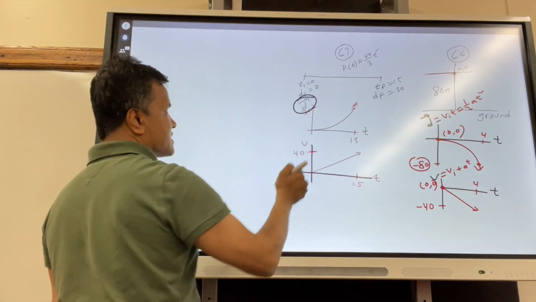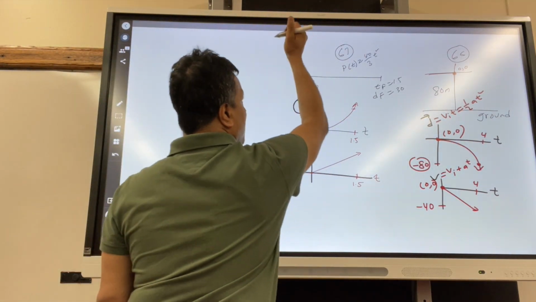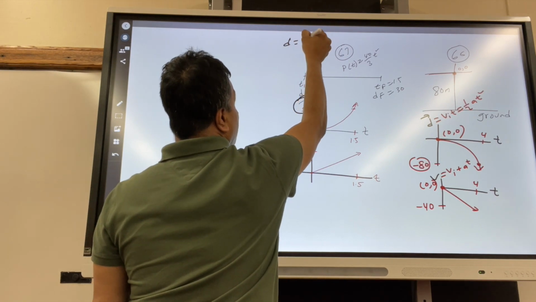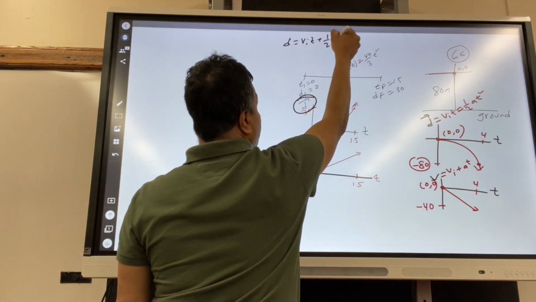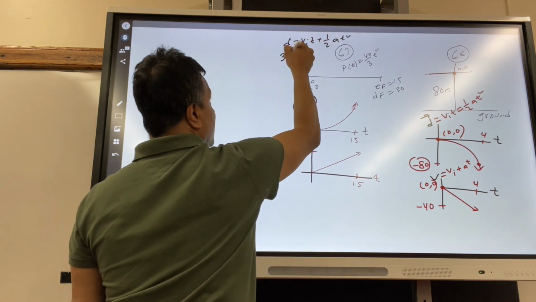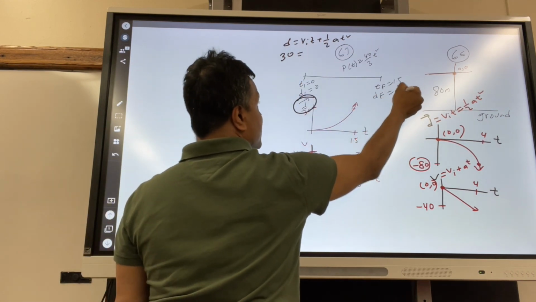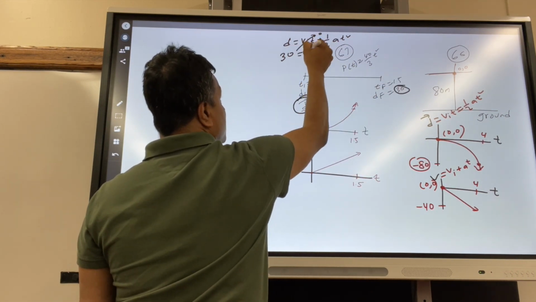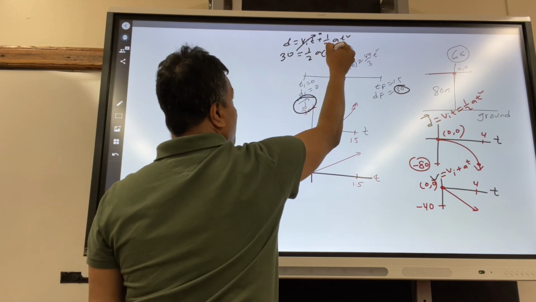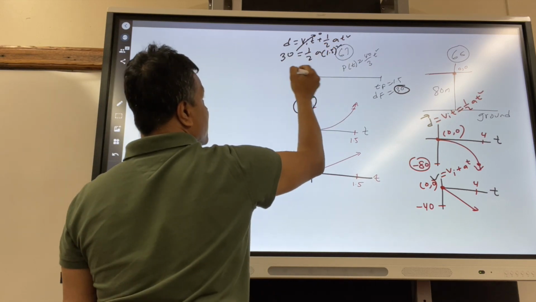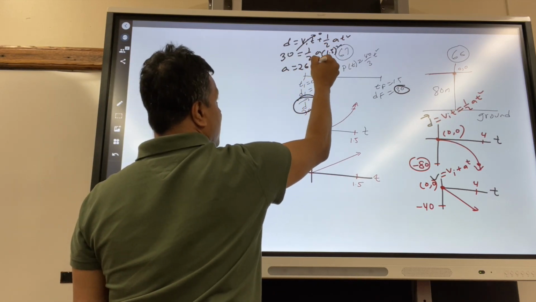The distance, let's find the distance. So distance would be what? d is equal to v_i t plus half a t square. So d is 30, because the total trip is 30. v_i is 0, so half a times 1.5 square. So that means a is 26.7.